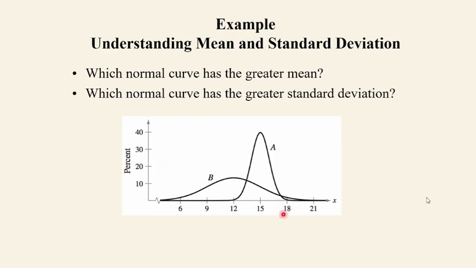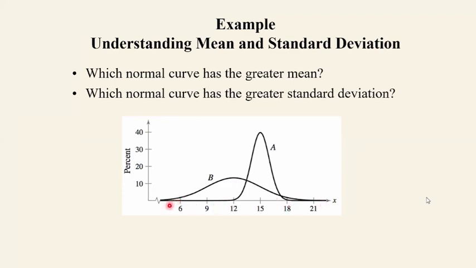To identify whether the standard deviation is smaller or greater, you have to look at the length between the two tails of a curve. When we take B, this is the length.